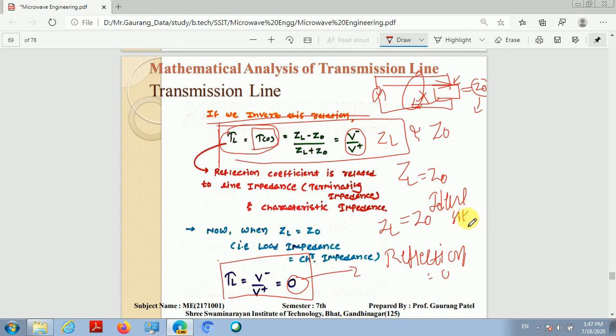We always want this situation for maximum power transfer from generator to load.